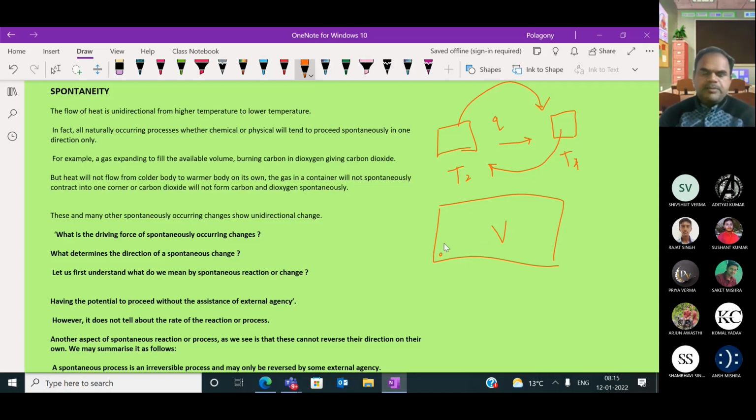That means diffusion of the gas is also unidirectional. Once the gas spreads in this container, does it contract back? Is it possible? Once the gas spreads and occupies the volume of this container, after some time, does it come back to the small volume? Is it possible?